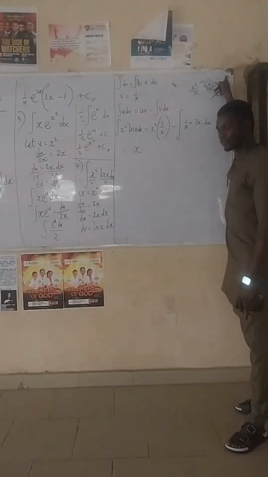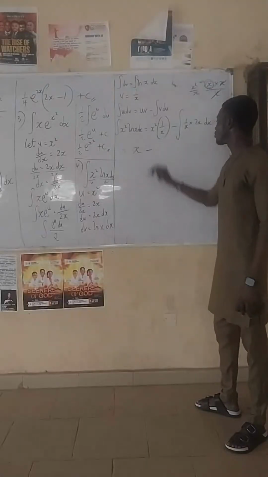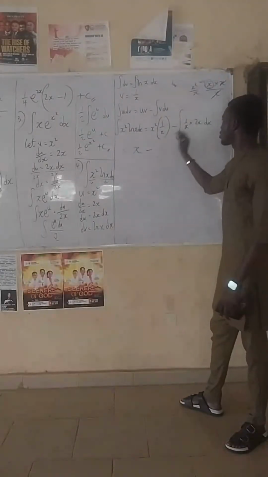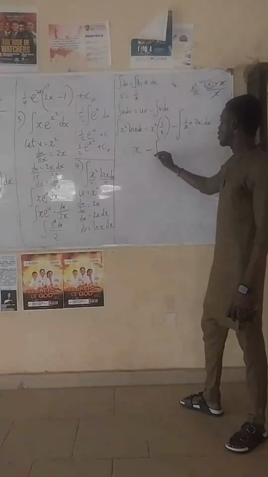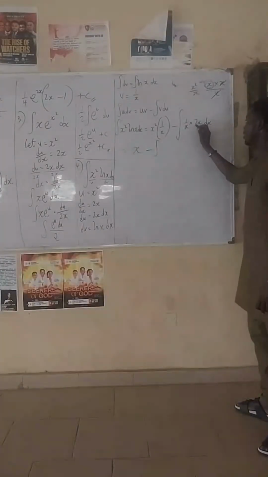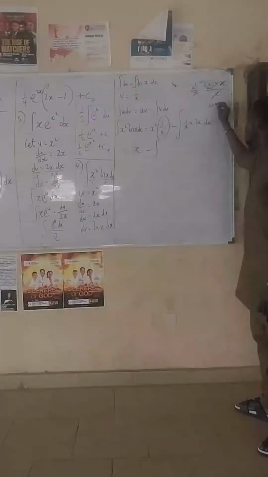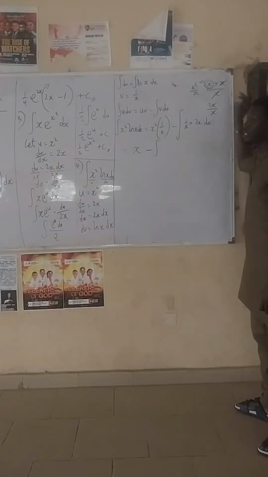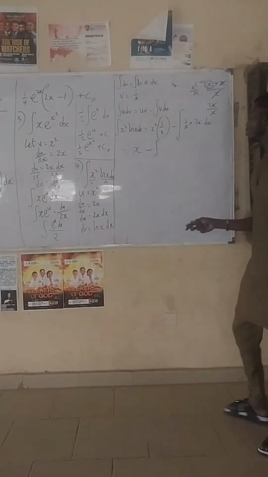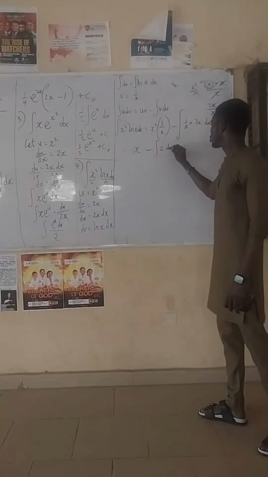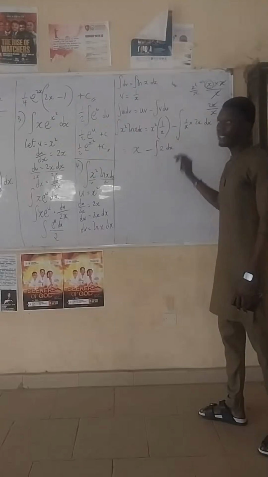That's what I just explained here. Minus, first of all, we multiply before we find the integral. Minus the integral. Now the same thing here: 1 over x times 2x, that's 2x over x. The x's cancel, that's 2. So minus the integral of 2 here, right?